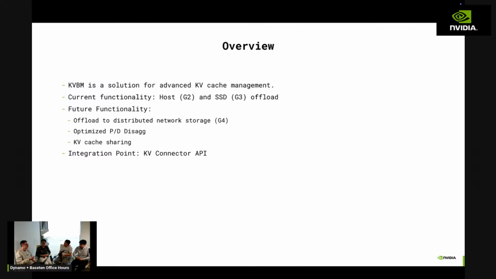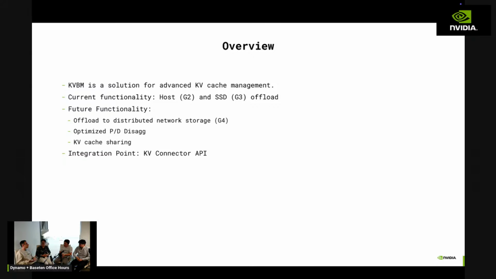We have G1 for device memory, G2 for host, G3 for local SSD, and then G4 for remote, networked SSDs. Our current scope of functionality that we support in KV block manager is offloading and onboarding KV cache between G1, of course, and then G2 and G3.